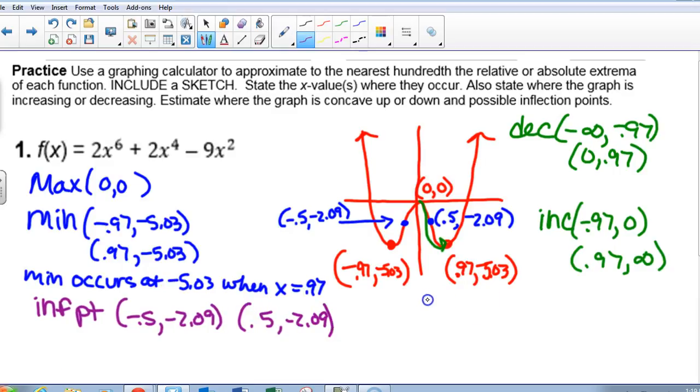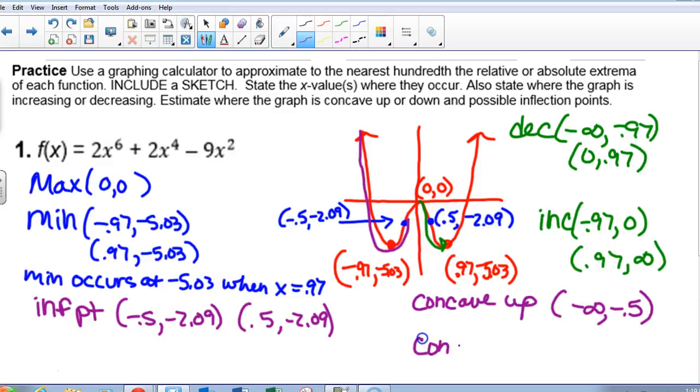Okay, concave up. Again, x intervals. Where's it happy? Happy, happy, happy coming from the left until where? Okay. Then it's concave down.